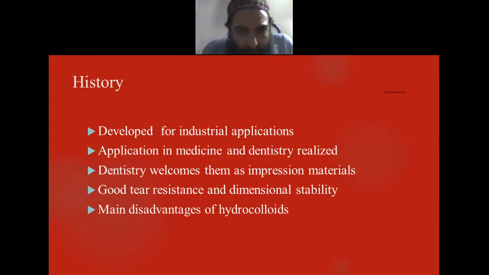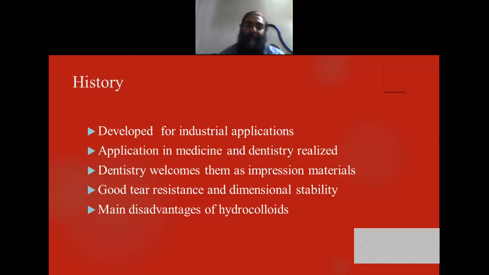So if we go to the history, synthetic elastomers were developed for industrial applications, for paints, for coatings, for other things, for prevention of metals through rusting, etc.